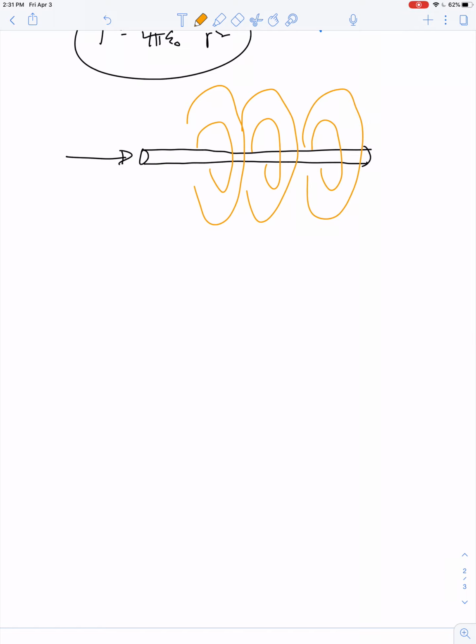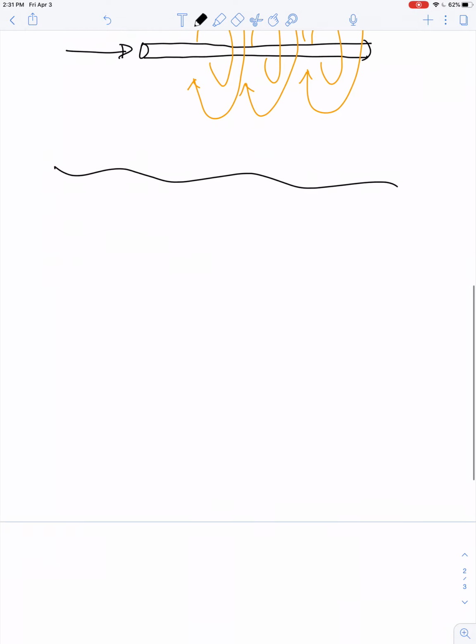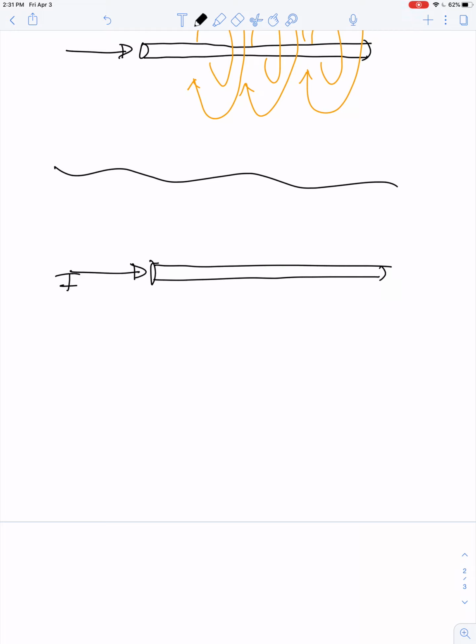Now, what's the direction of this? When current flows to the right, magnetic field lines point into the page, down below the wire, and point out of the page, up above the wire.